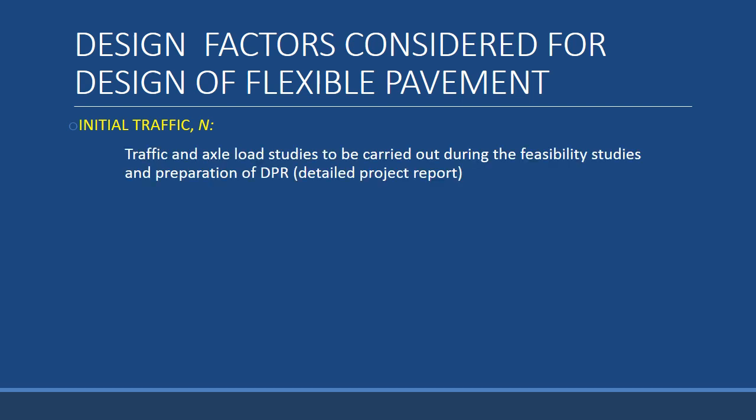The traffic and the axle load studies are to be carried out during the feasibility studies and preparation of the DPR, that is the detailed project report. So during the studies for feasibility and during the preparation of the DPR, the traffic and axle load studies have to be carried out.